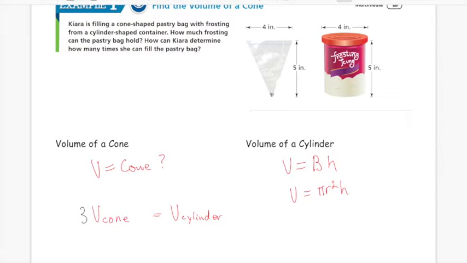So we can say that 3V is equal to, well, we know that the volume of a cylinder, let's use green actually, the volume of our cylinder is the base times the height. So the volume for a cone, we can divide both sides by 3.